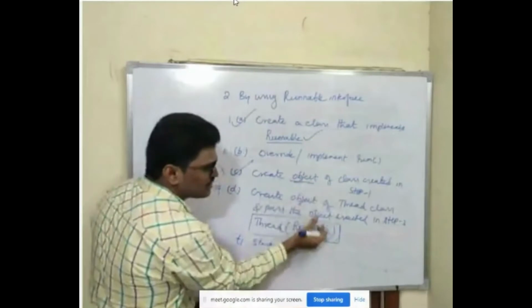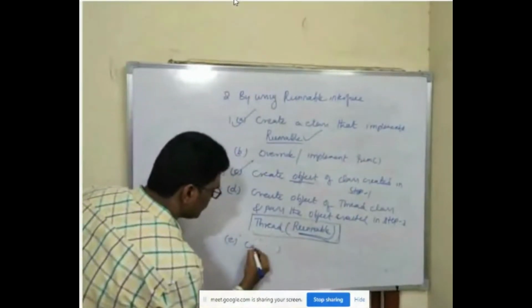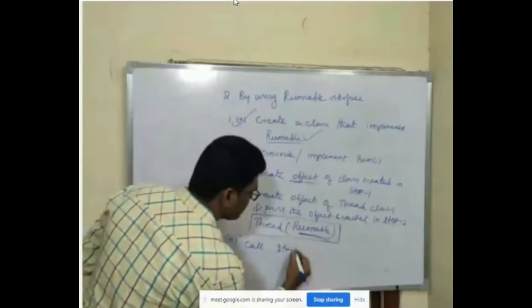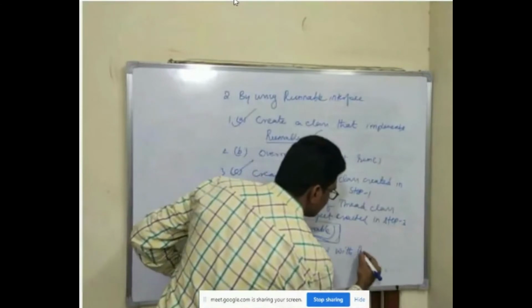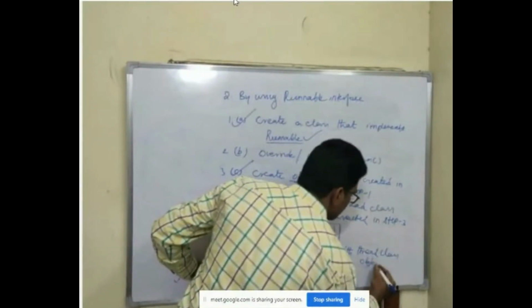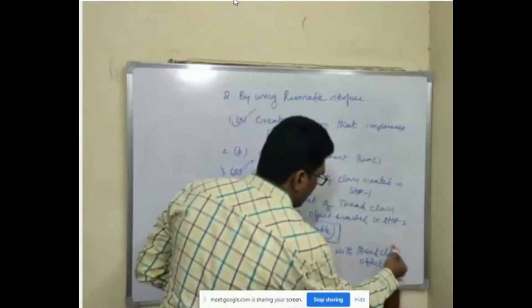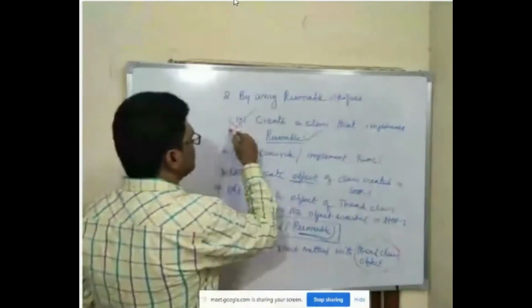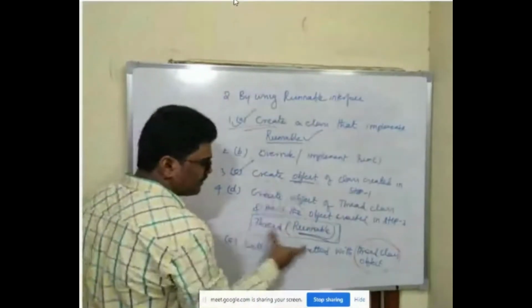The last step is to call the start method with the Thread class object. Very important: you cannot call it by using this class object. You are going to call it with the object which you create in step 4.